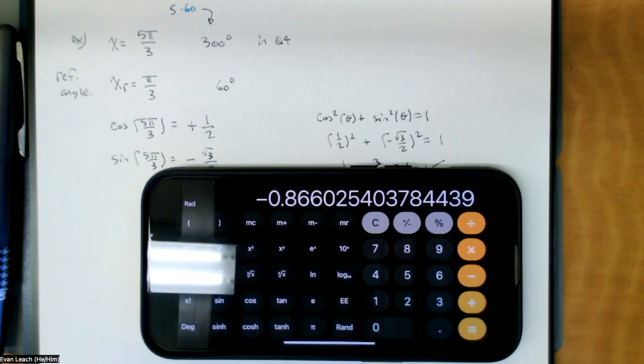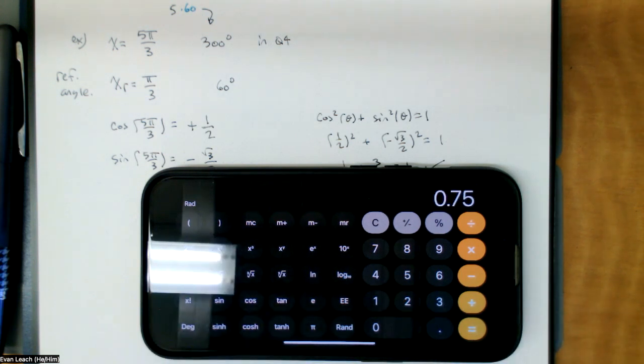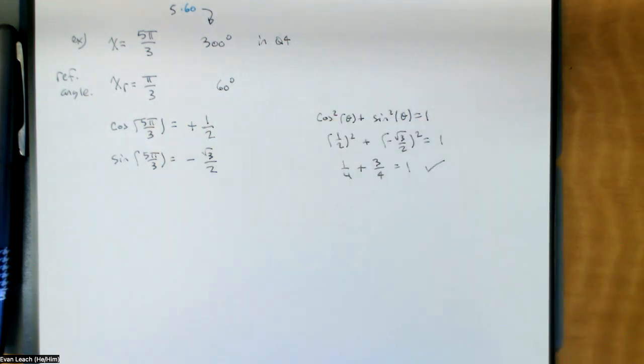Calculator doesn't know square root of 3 over 2. But if I take this number and square it, I get 0.75. So that's 3 over 4. Any other questions?